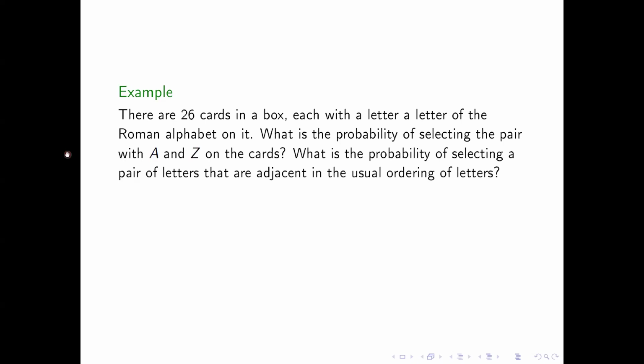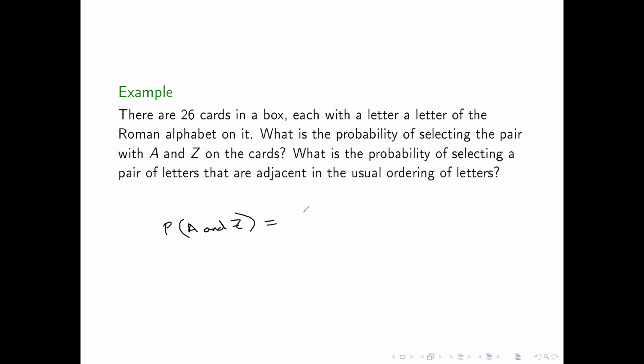Well, again, remember probability is about what do I want? So there's two ways to do this. I could talk about the probability of A and Z. We'll have 26 cards.